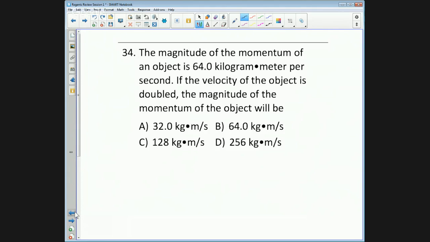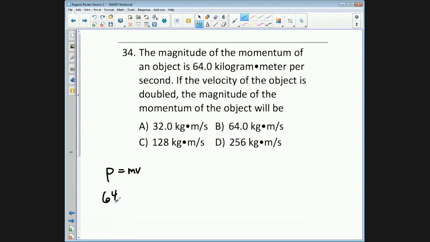Next, the magnitude of the momentum of an object is 64 kilogram meters per second. If the velocity of the object is doubled, the magnitude of the momentum will be, okay. Momentum equals mass times velocity.